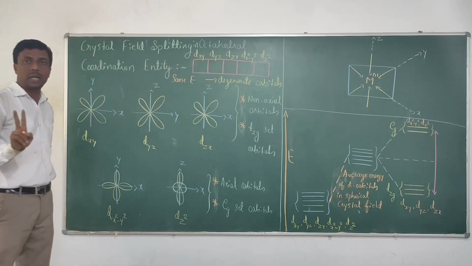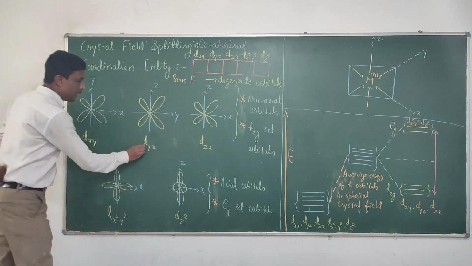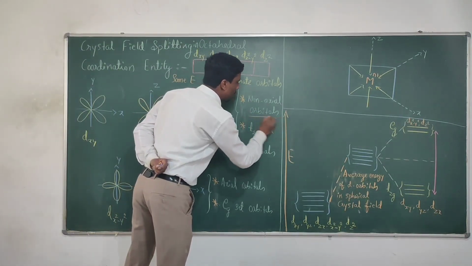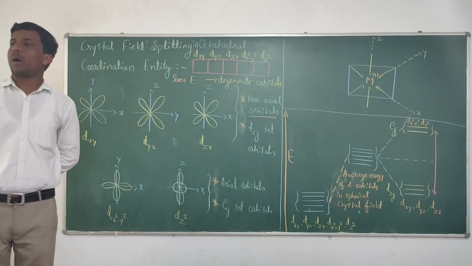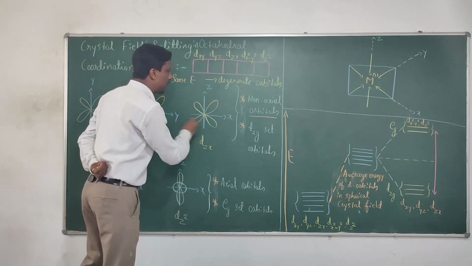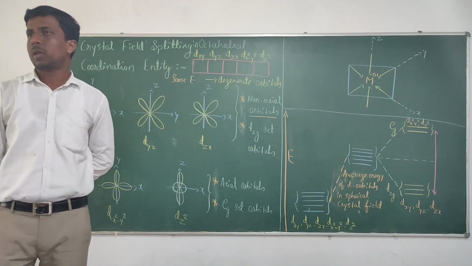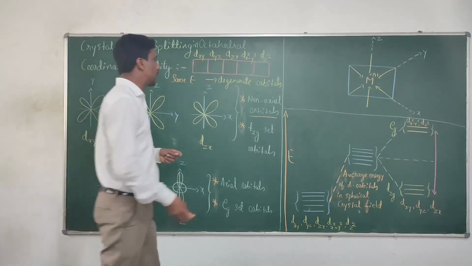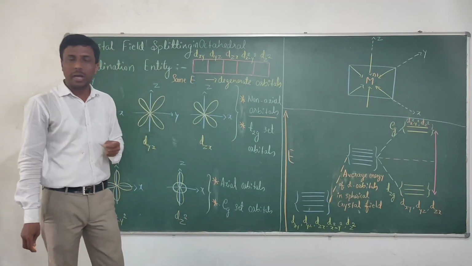Okay, there are 2 types again. The 3 orbitals dxy, dyz, dzx are called non-axial orbitals. Why? The lobes of these 3 orbitals are present in between the coordinates or in between the axes.